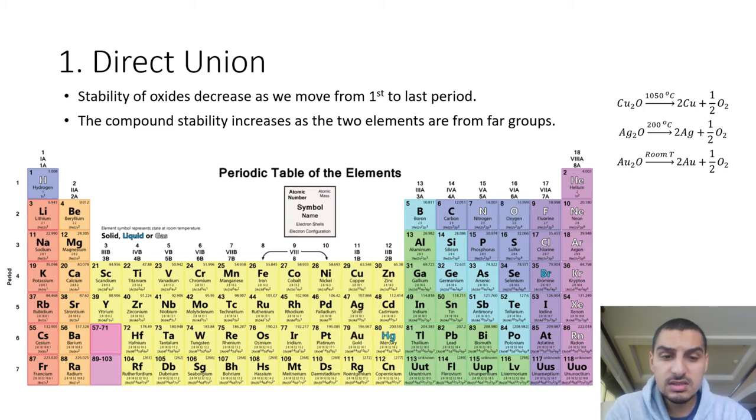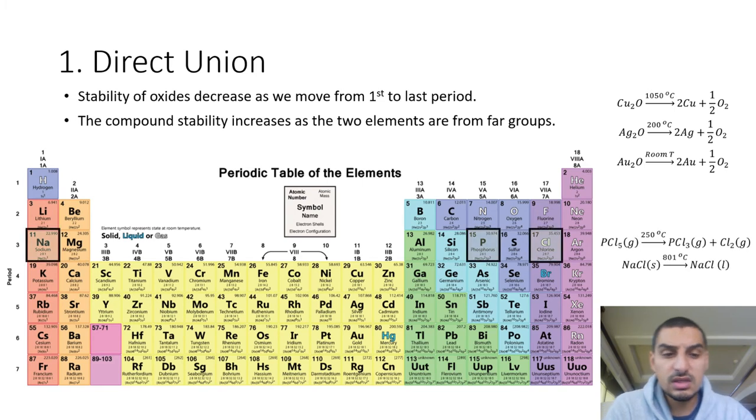One other thing is the outputs of the elements of different locations, here in the same period, but in different groups. You'd see that for phosphorus chloride, the two elements are close to each other. So phosphorus chloride can be reduced from pentachloride to trichloride at 250 Celsius.